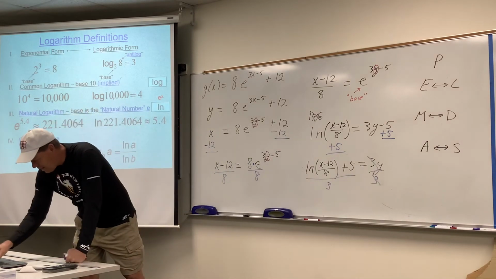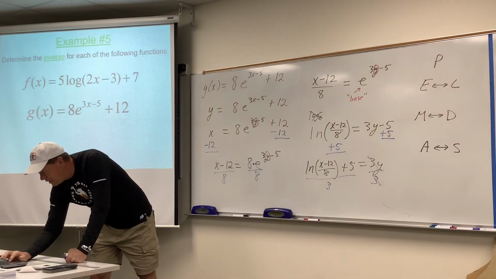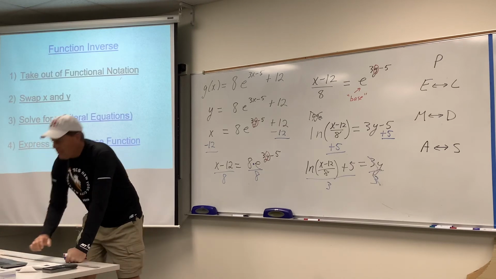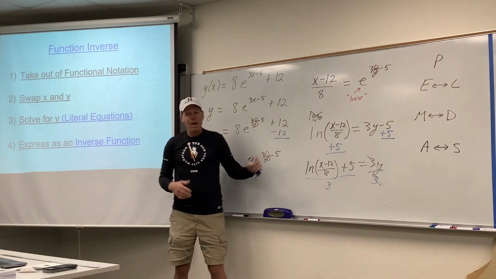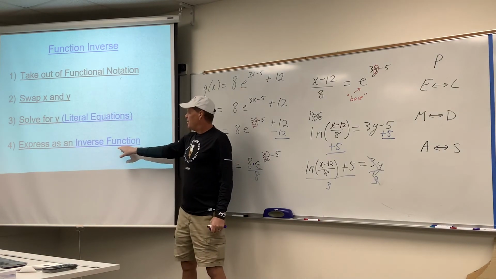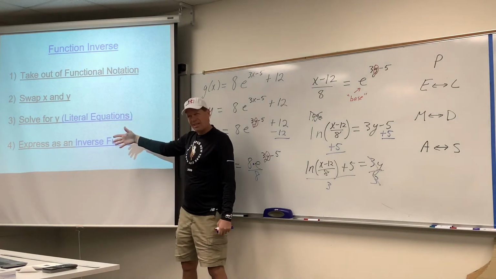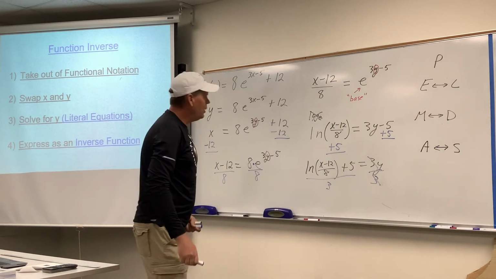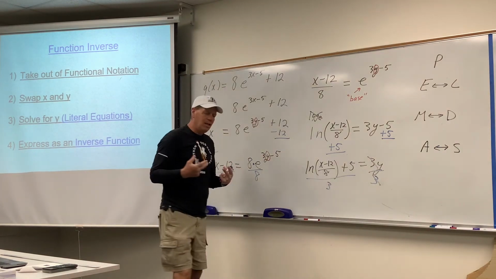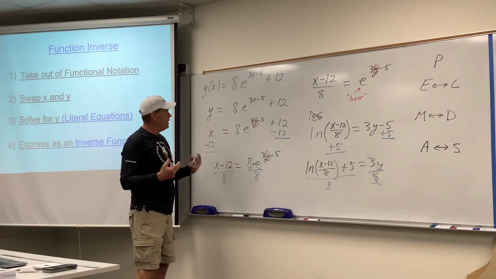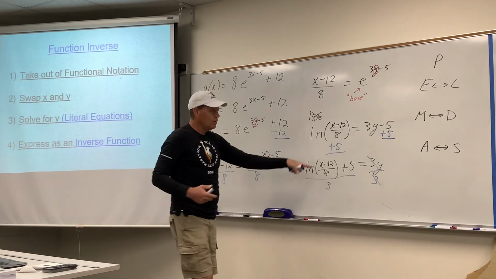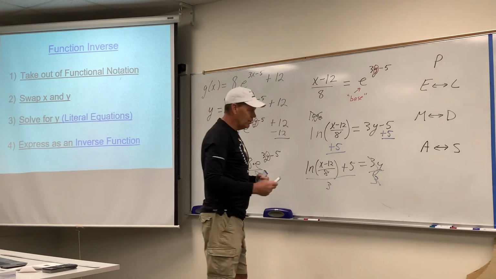So let's see, how can I pull this off? Going back to the inverse notes from a long time ago. Remember, after we got y by itself, then we expressed it as an inverse. These were the notes from assignment 21. The idea would be that if this was g of x, this new expression would be the function called g inverse of x.